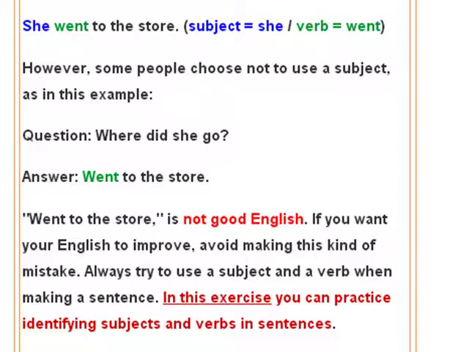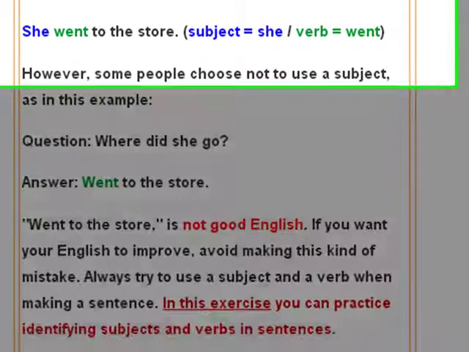We're going to make very classic, very simple sentences. Okay? Now, we're going to have a series of exercises you can practice identifying subjects and verbs in a sentence. Okay?